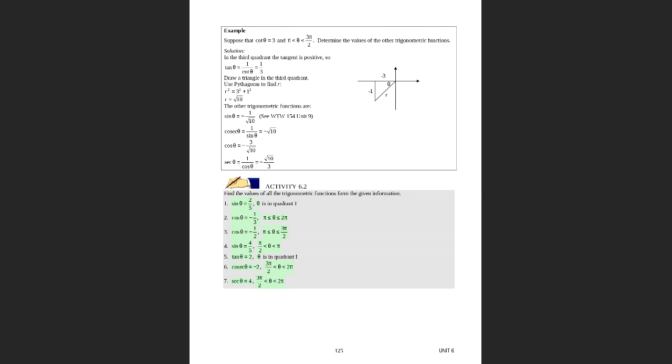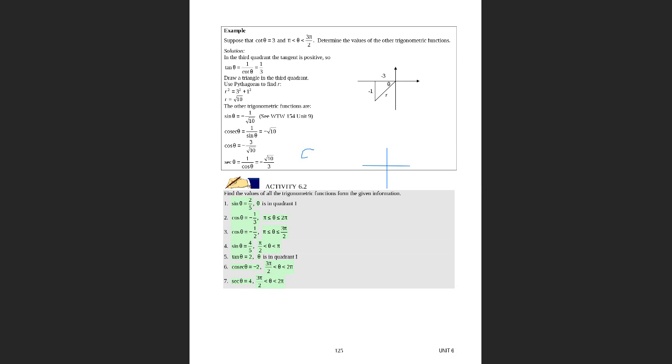Now, number 3, we have cos theta. Let us draw our axis like this. It says that cos theta is negative 1 over 3.